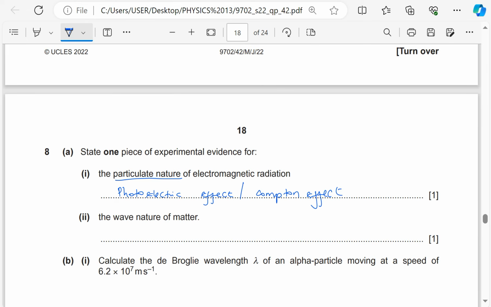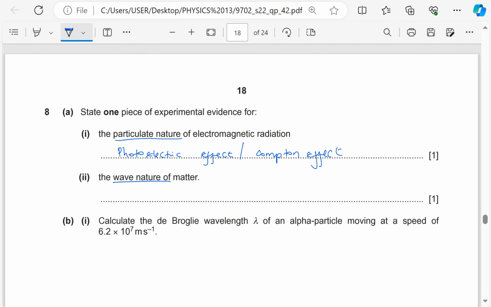These show that electromagnetic radiation is behaving as particles. Then the wave nature, electromagnetic radiation behaving as waves, is commonly shown by electron diffraction. The wave nature of matter, that is electron diffraction, not electromagnetic radiation.